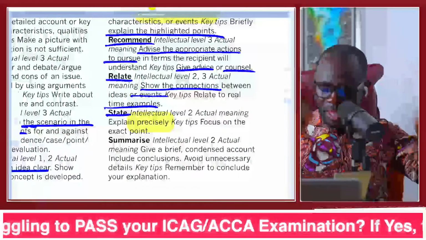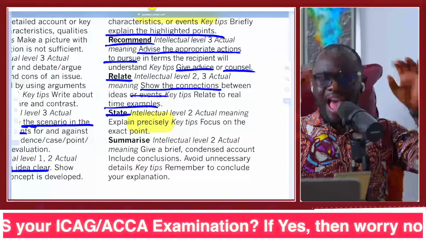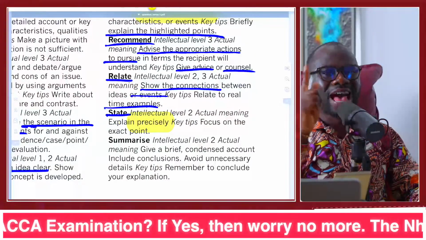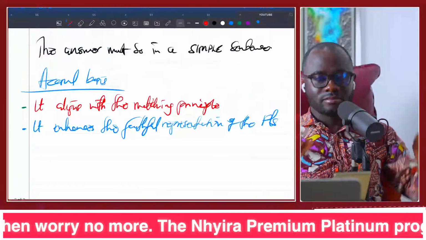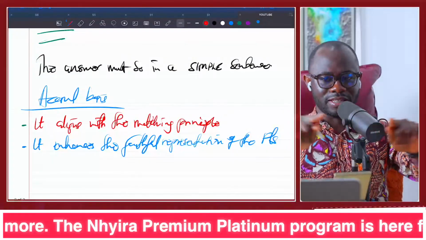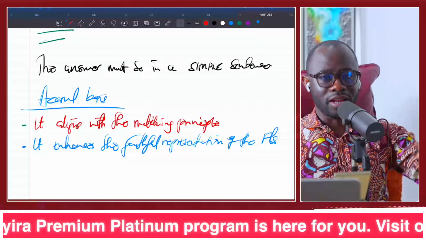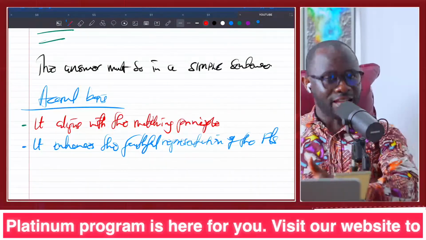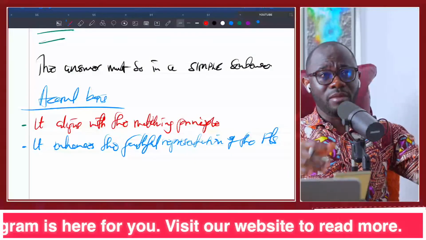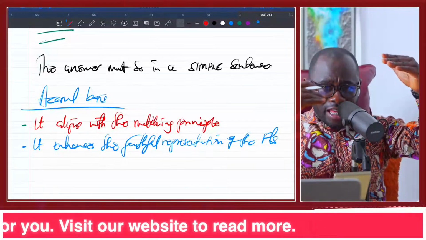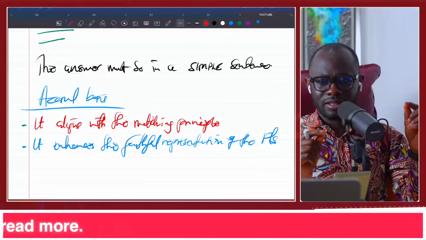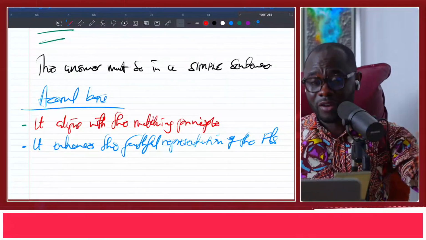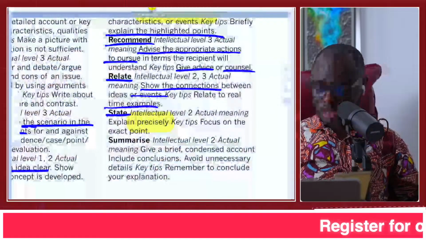State means you should explain precisely. So in other words, again, it has to be a simple sentence which is self-explanatory. State is different from explaining. Explaining means write a point and then give us a description of what it is. But state means you briefly provide something about what you're talking about.